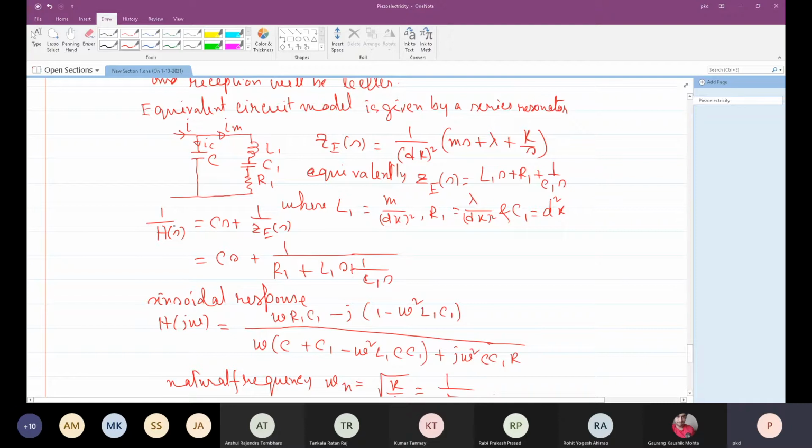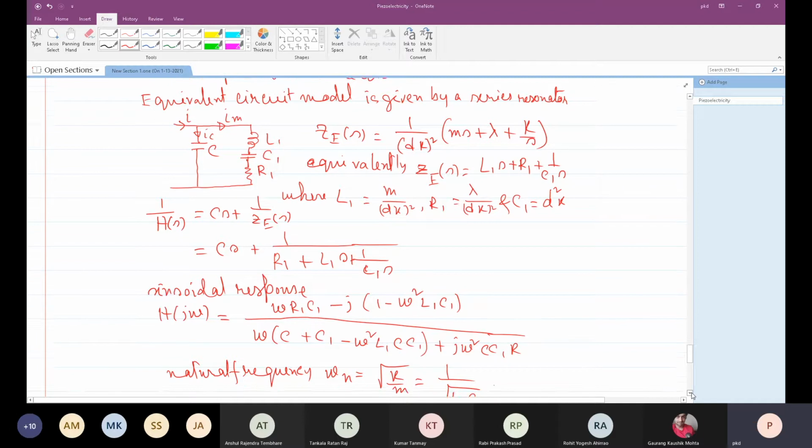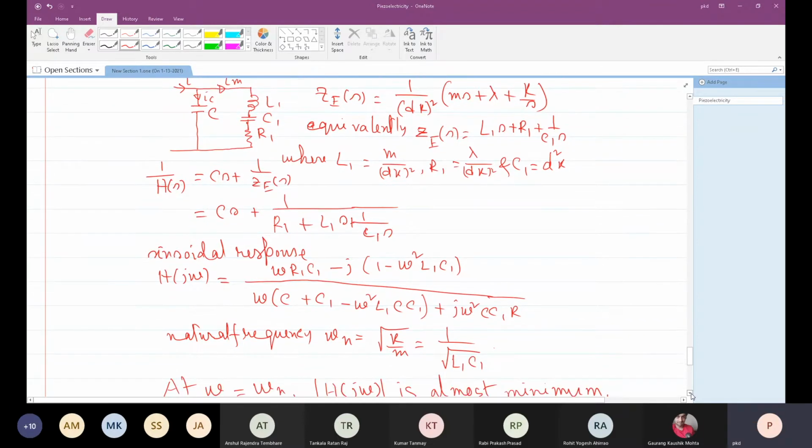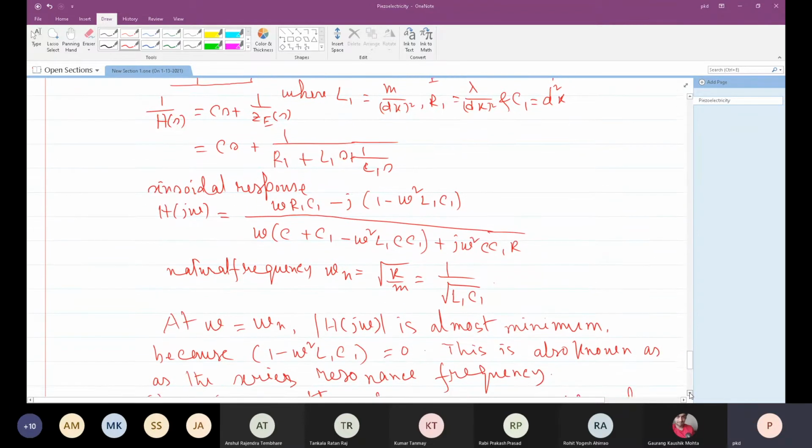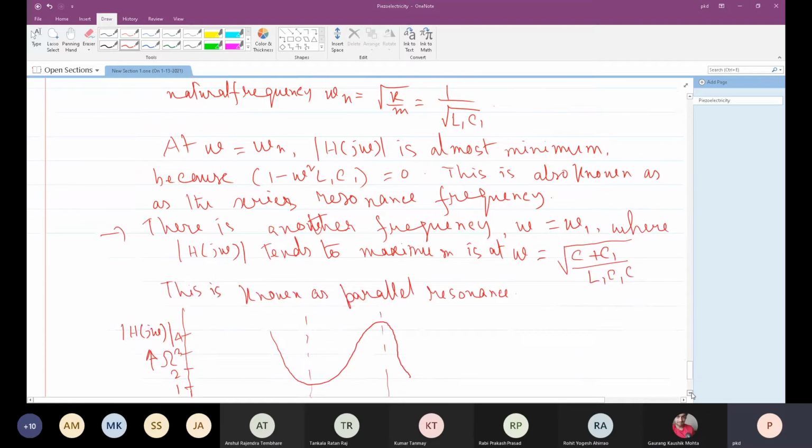So we are taking admittance here, and then HS becomes the impedance, and so the sinusoidal response is evaluated at S equal to j omega. So then Hj omega would come in terms of ohms.